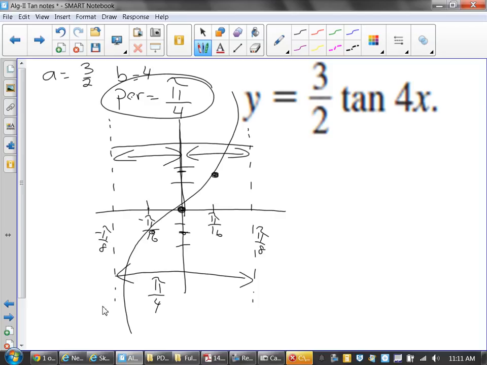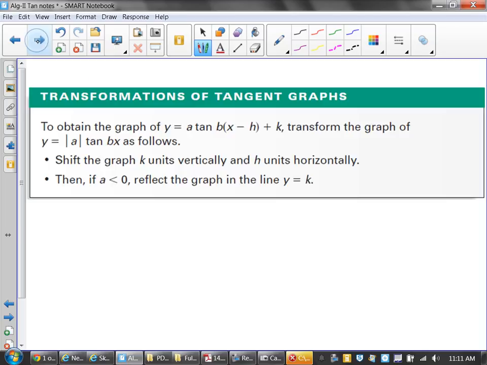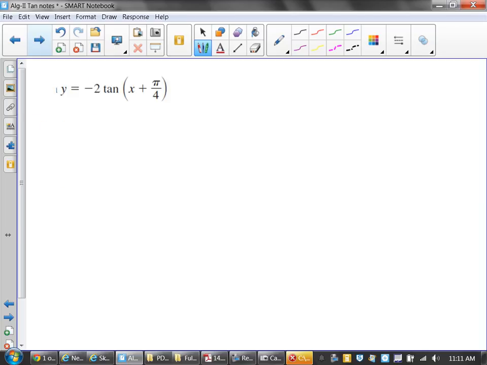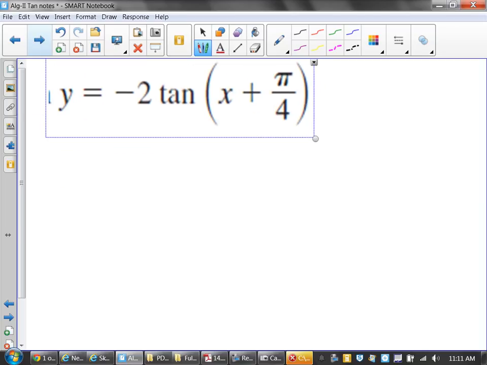So let me show you one here for the shift stuff. When I'm working with H's and K's with tangents, it works the exact same way as it did with sines and cosines. The H is your horizontal shift, your K is your vertical shift.